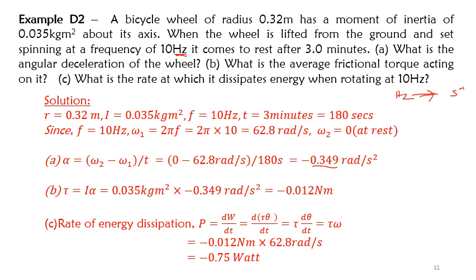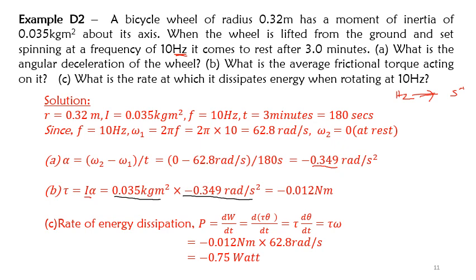Then B, the average frictional torque. There are several formulas to obtain torque, but in this case the most relevant one uses the moment of inertia and the angular acceleration, because we have the moment of inertia given to us. So you have your I, which is 0.035 kilogram meter squared, and your alpha, which is 0.349 radian per second squared.